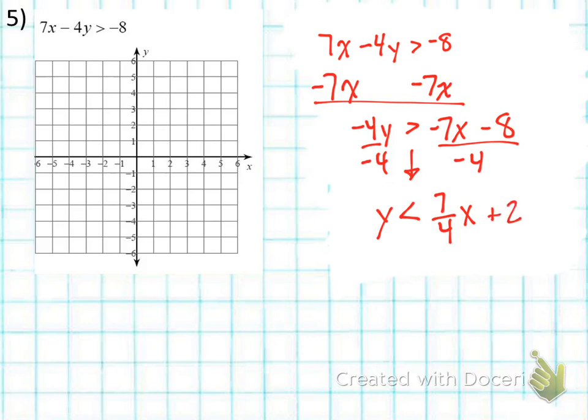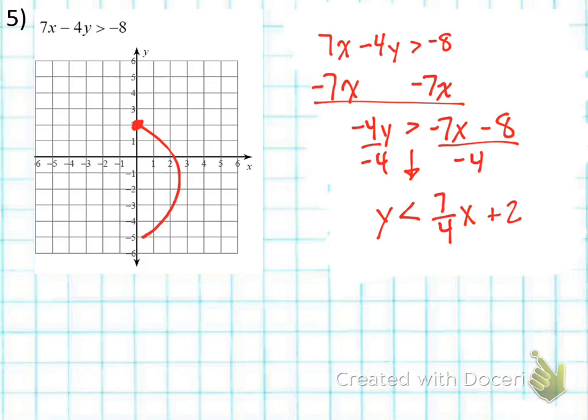Okay, so I'm going to graph it now. 2 is my y-intercept. 7/4 is my slope. So it's positive, so it's going to be going up from left to right. I can't count all the way up here, so I'm going to count the opposite way: down 7 and then across 4. When you look at graphs, you know 2 plus 5 is 7, right?